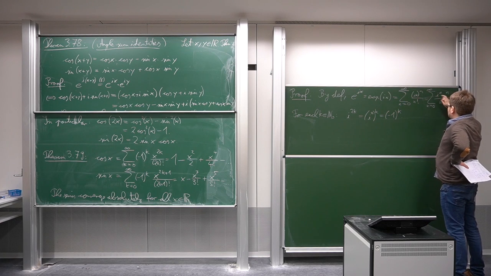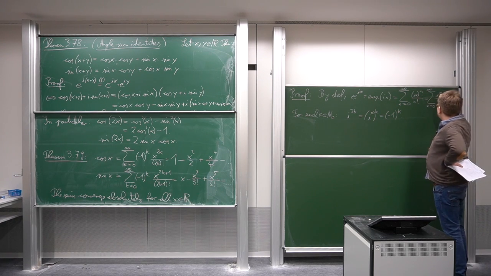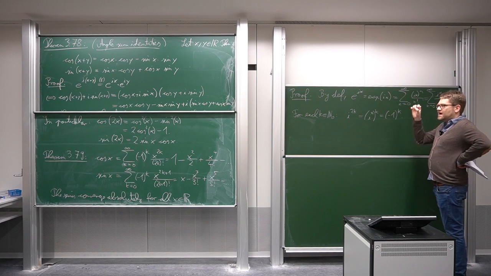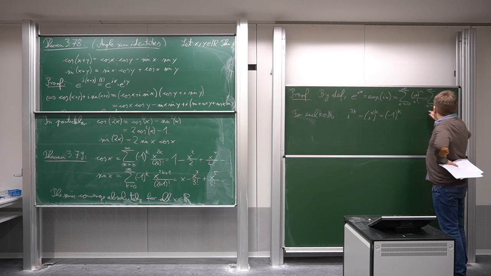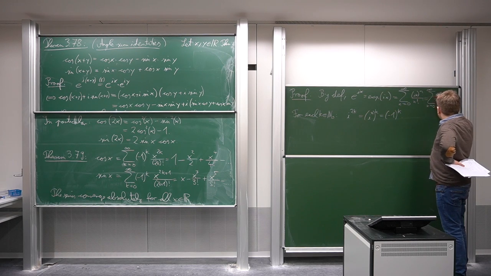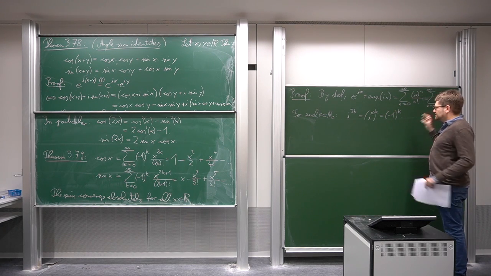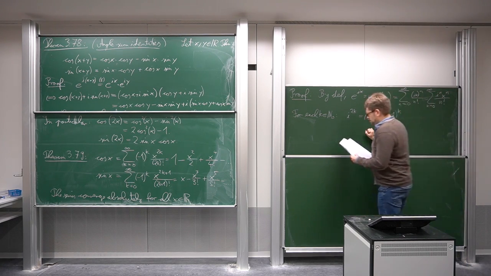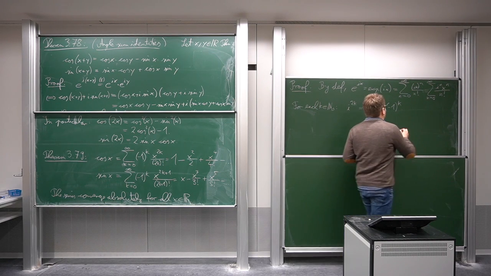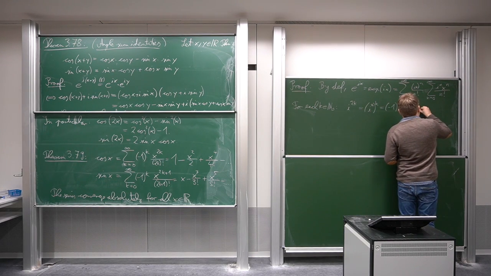Now, for the odd exponents, we can just pull out one copy of i, so then we have i times i to an even power, something real, which means that the odd exponents all belong to the imaginary part. And so now we know how to split this series into real and imaginary parts.